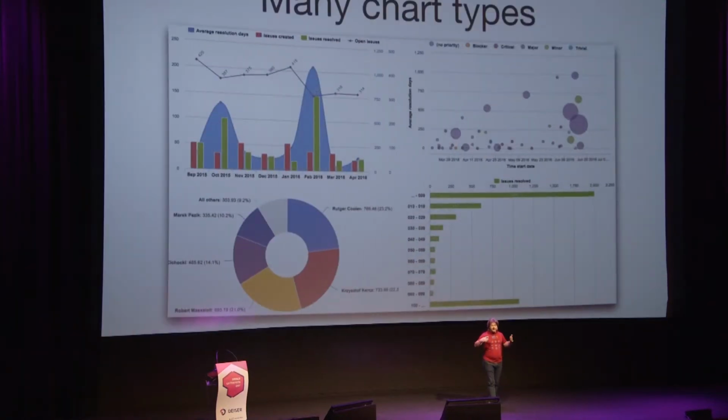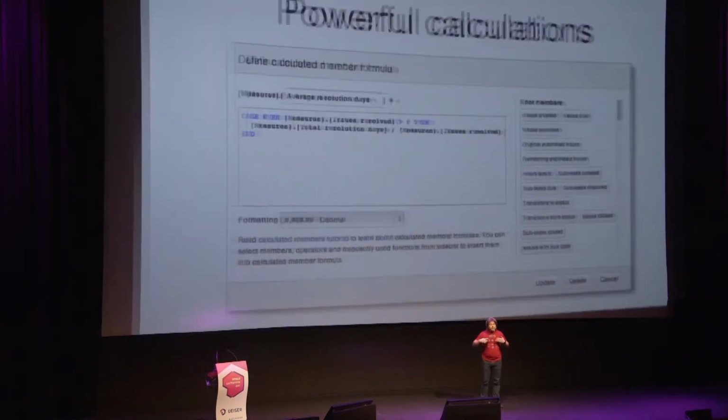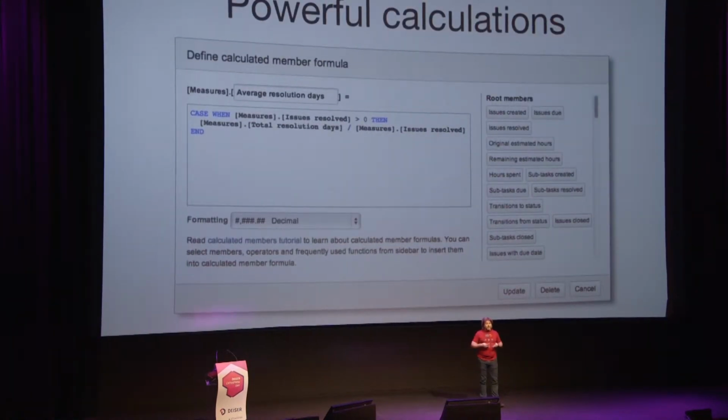Then you can create many different chart types like bar charts, line charts, pie charts, and other chart types, as well as create dashboards. And you can create also powerful calculations using a specific calculations formula where we are shipping several standard calculation formulas, as well as you can learn how you can create your own calculation formulas for your specific needs.